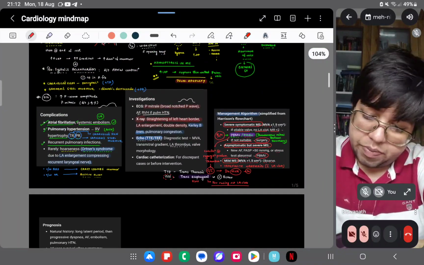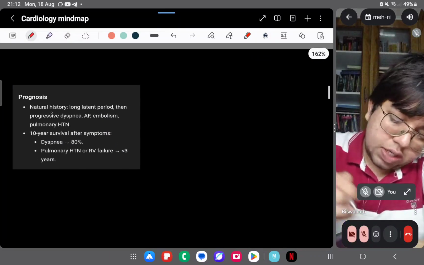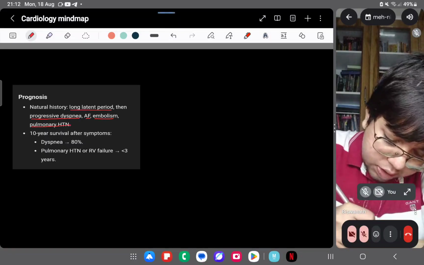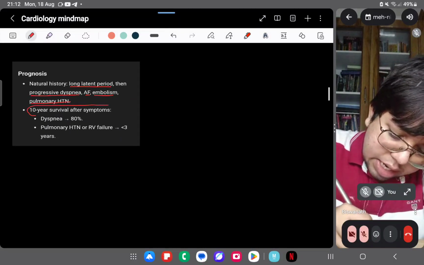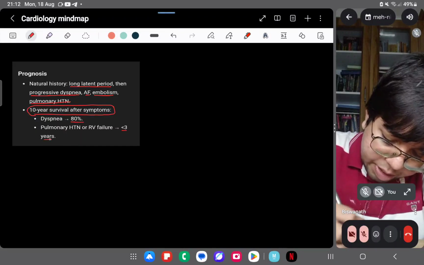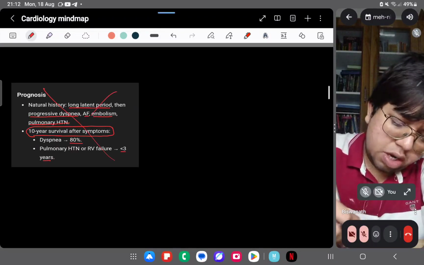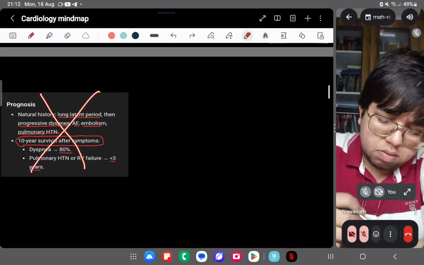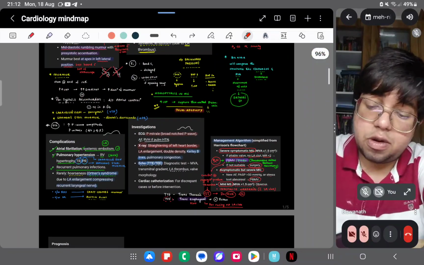Okay, LA clots. Prognosis: natural history, long latent period, then progressive dyspnea, AF, embolism, pulmonary hypertension. 10-year survival rate after symptoms: dyspnea 18%, pulmonary hypertension less than 3 years. Not much important. You can just ignore this slide, because with Harrison's we don't have to follow each word line by line.